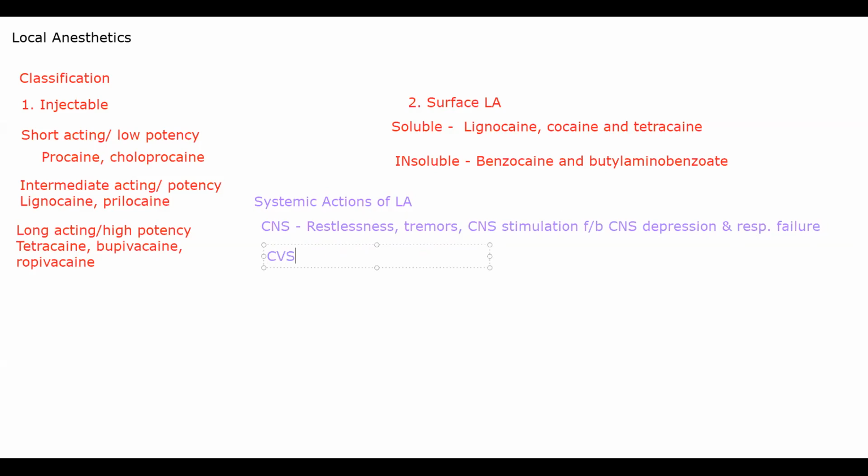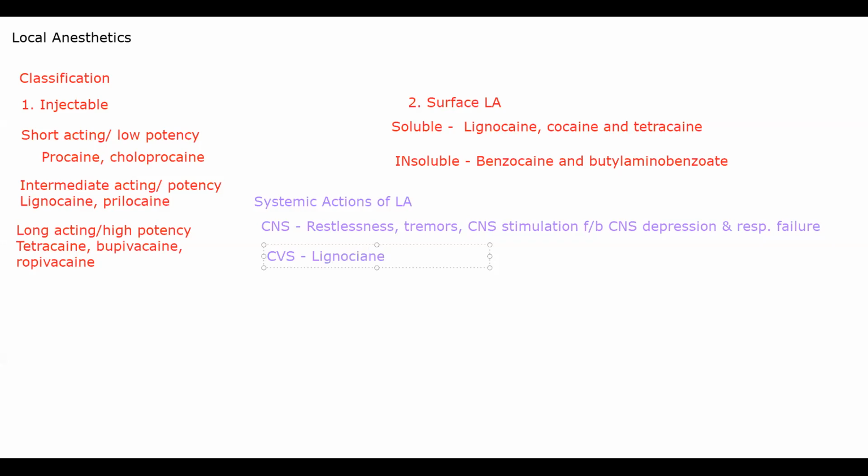CVS effects. Lignocaine specifically is a depressant of your heart. It will decrease the function of your heart. Bupivacaine can be cardiotoxic. Completely avoid bupivacaine and lignocaine if someone has a severe heart condition. All right. On smooth muscles, so I'll write it down. Hold on.